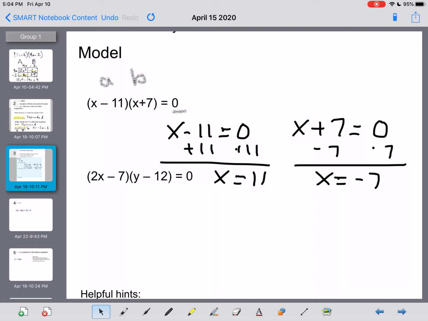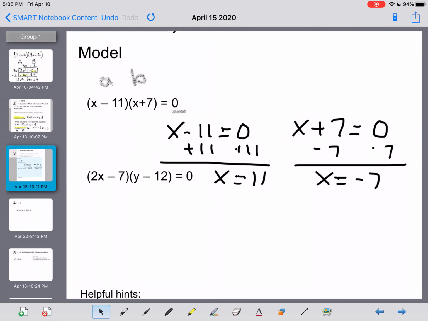Take a look at that one. So we got the quantity of 2x minus 7 times the quantity of y minus 12 equals 0. Take a look at that. And we're just going to do it the same way. It's one value times another value equals 0.